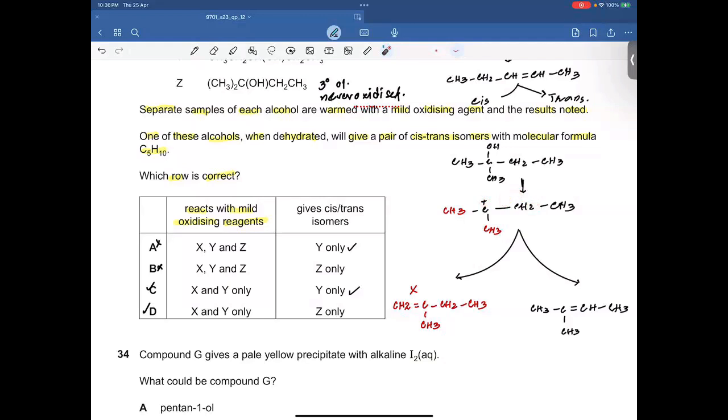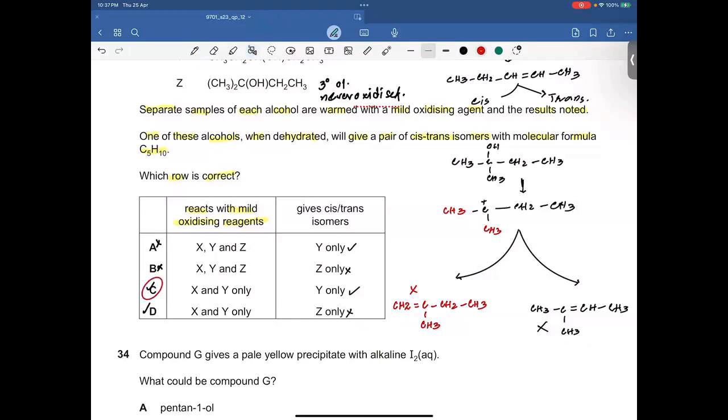So we get an alkene with a double bond between these carbon atoms. This again is not going to give you geometrical isomerism, because this double bonded carbon has two similar methyl groups, which means geometrical isomerism is not possible. So Z cannot give you geometrical isomerism. So the right answer is going to be C.